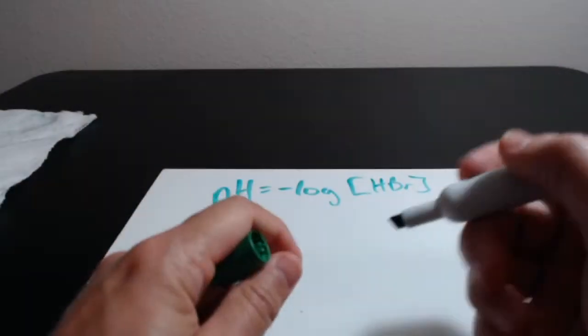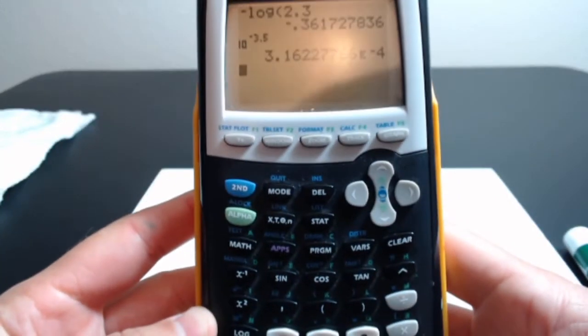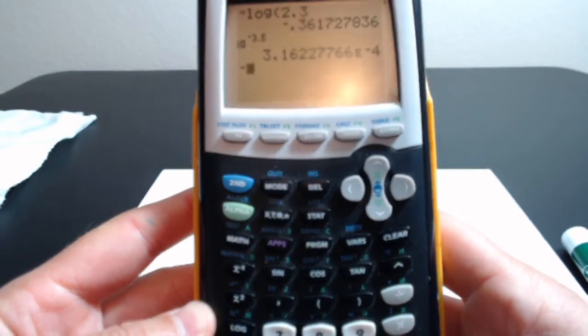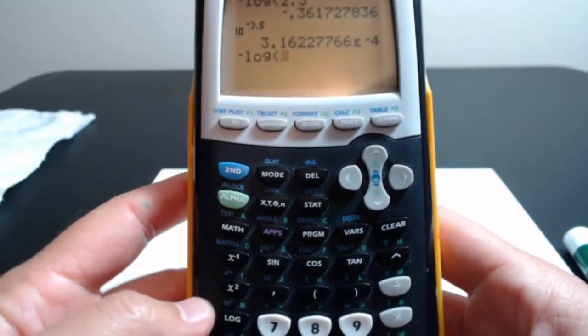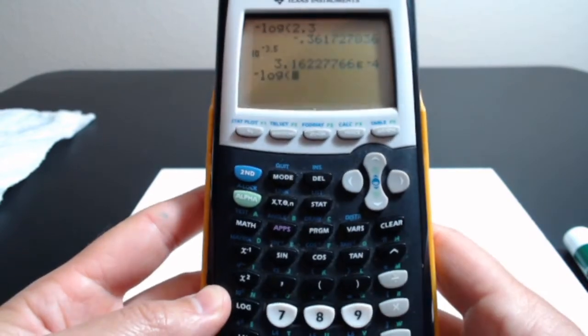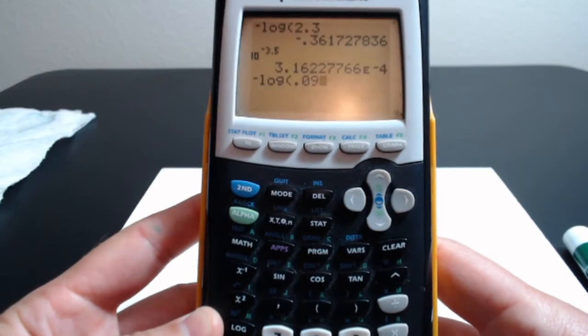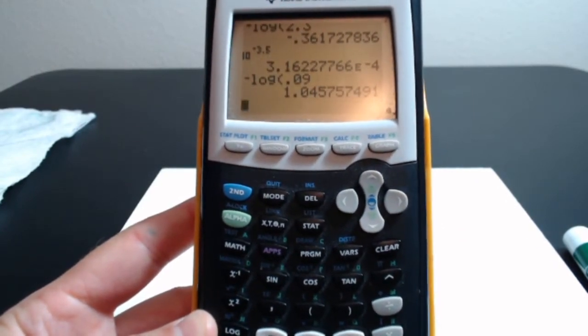So now really it's all up to the calculator. The negative log of that concentration. So negative log, the concentration was 0.09. Open parentheses, so we just hit enter.